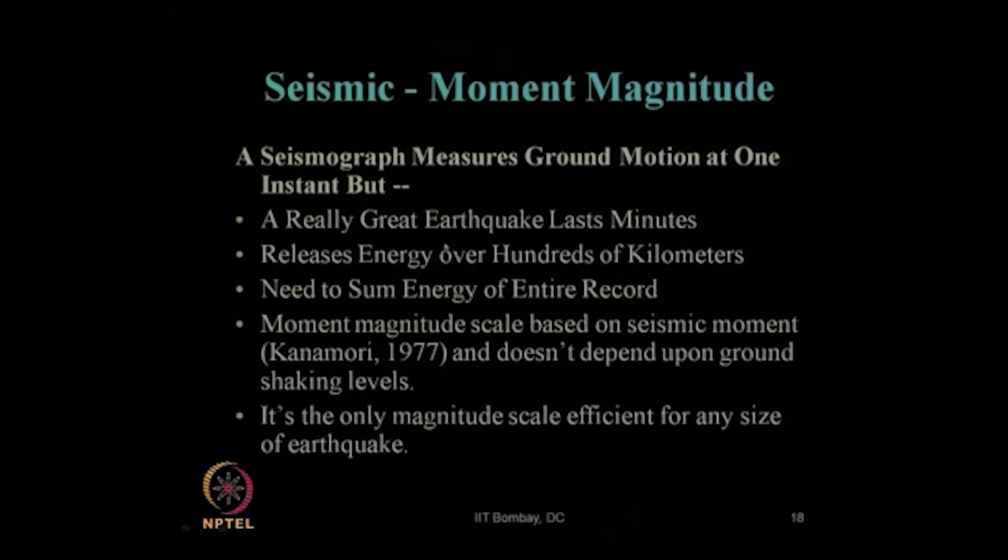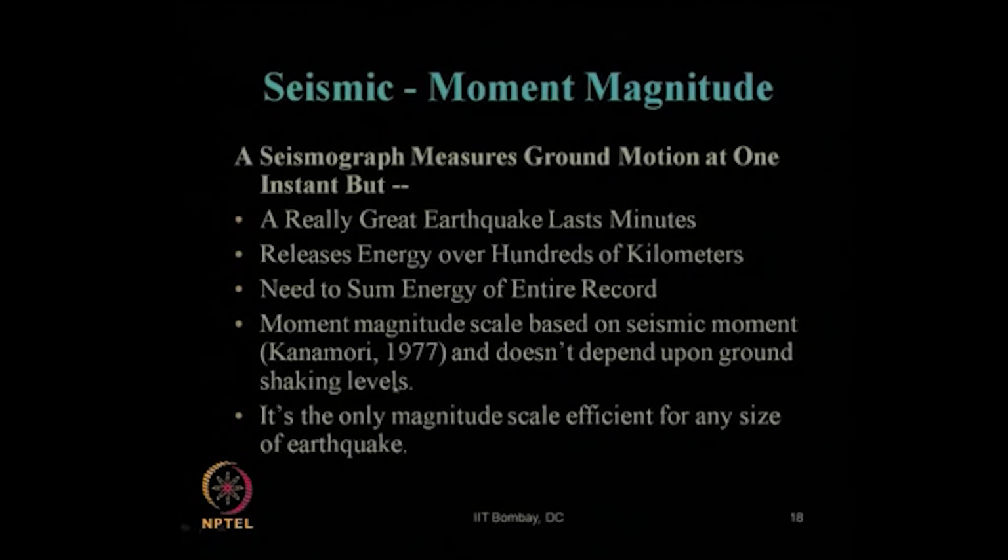So, the moment magnitude scale has been developed or proposed on the basis of the seismic moment concept, which was proposed by Kanamori in 1977 in Japan. So, that was the first time when seismic moment magnitude was proposed, and it does not depend on the ground shaking level.